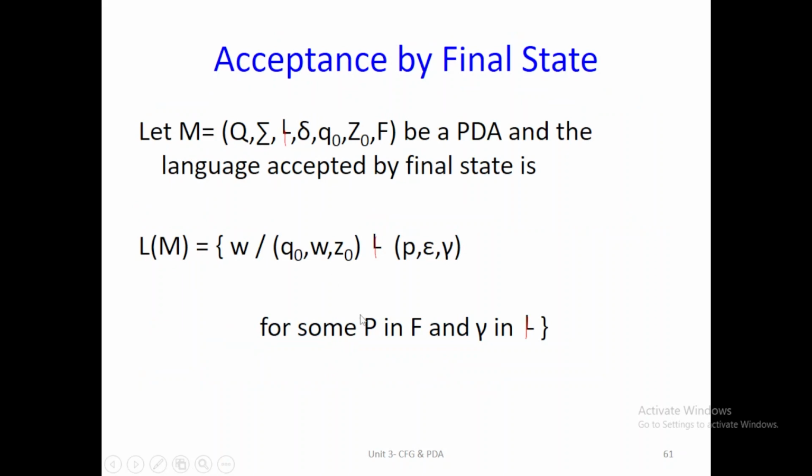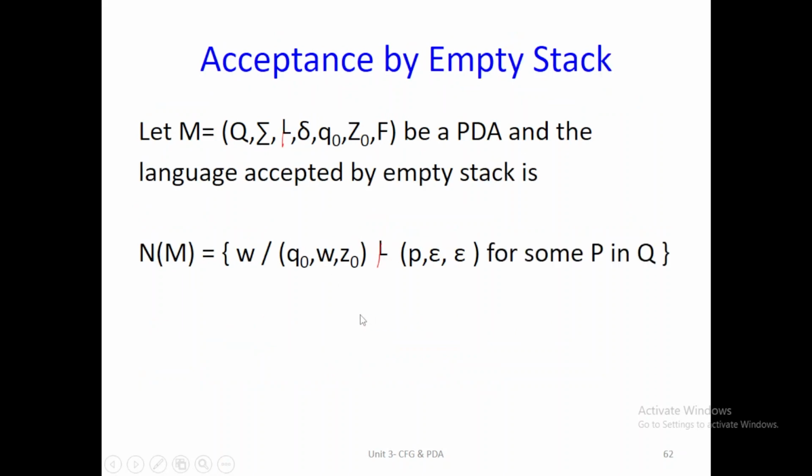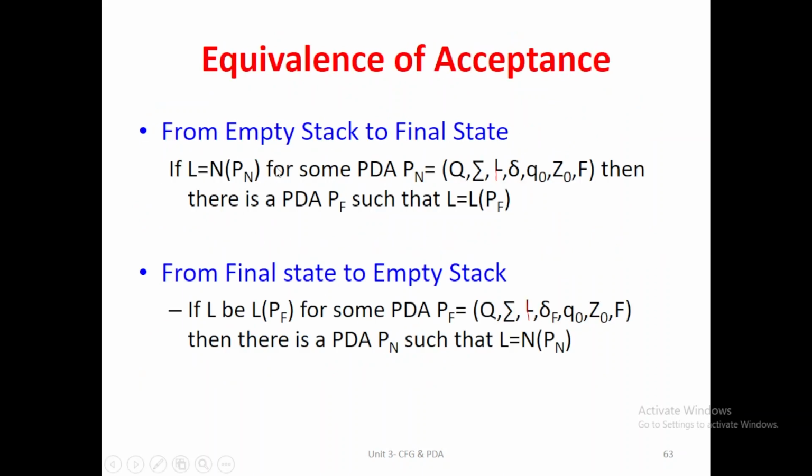So this is the generalized definition of acceptance: from empty stack to final state. How can we check it? Let N of Pn, where Pn is the PDA which contains a 7-tuple representation, and if the PDA goes to final state Pf, then this is the final state notation.